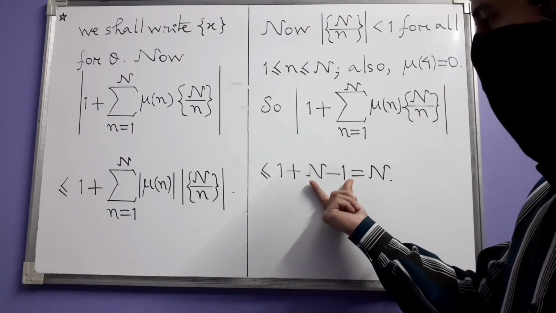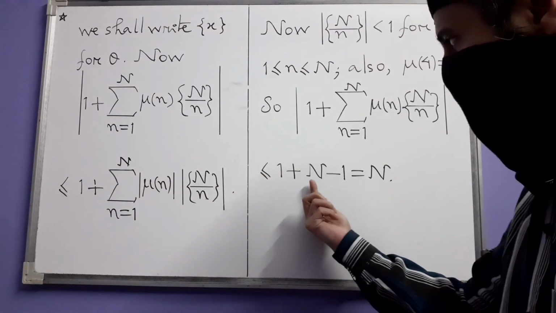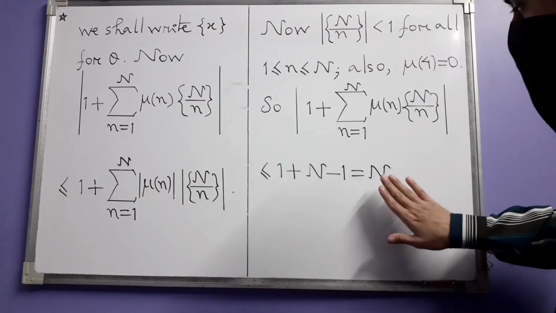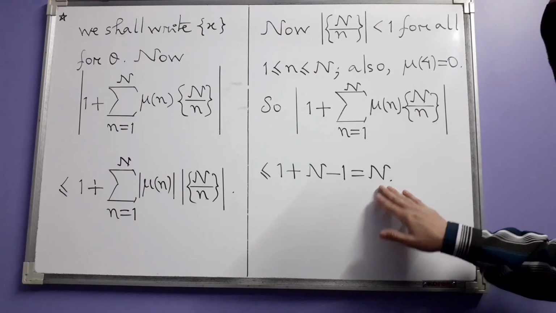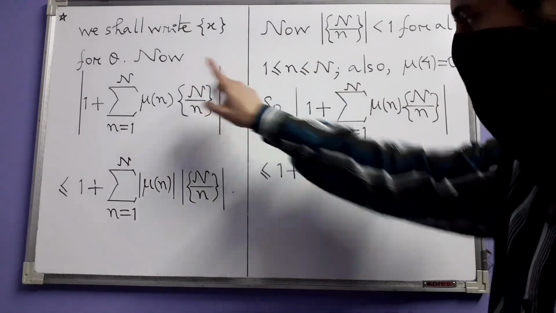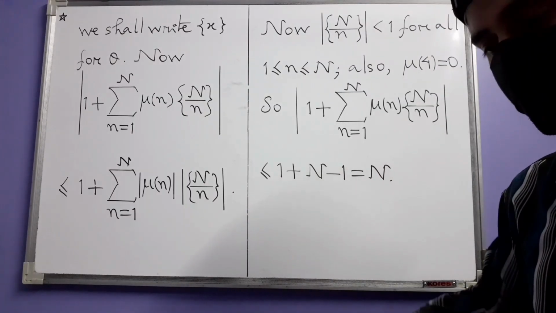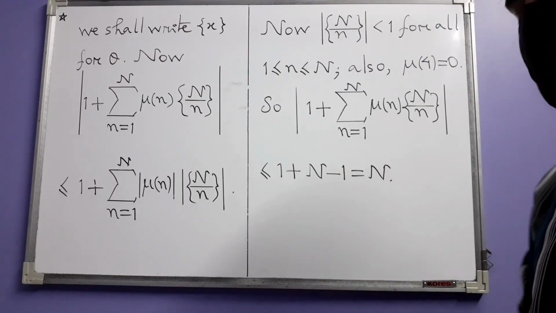So capital N minus 1. So this thing is less than or equal to 1 plus capital N minus 1, which is equal to capital N. So you have now got this other inequality, that this is less than or equal to capital N. Now this inequality will get us what we want.